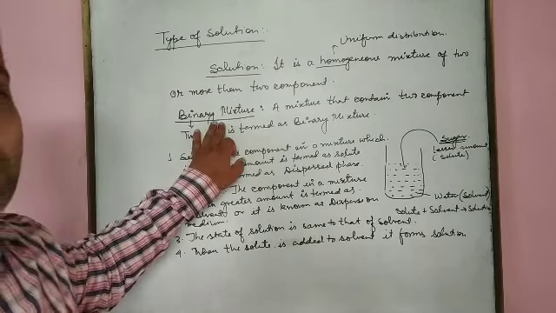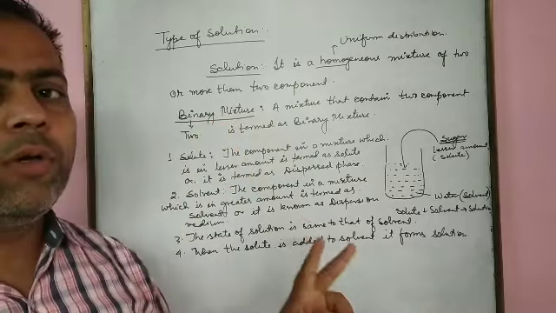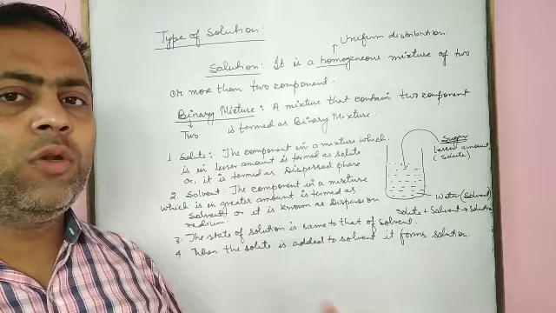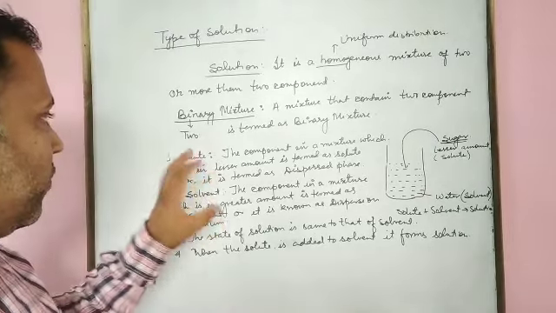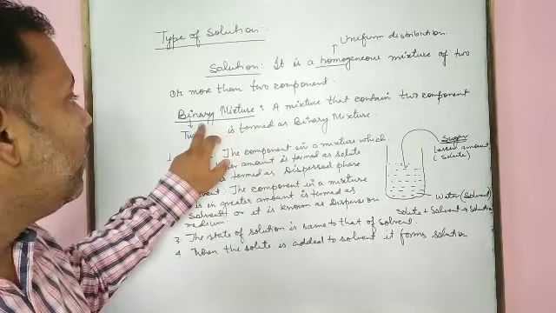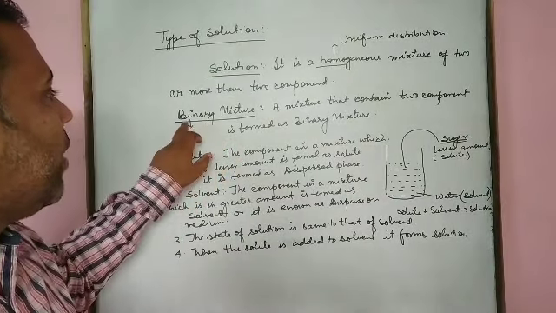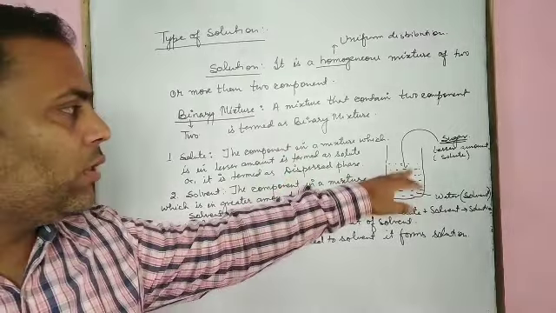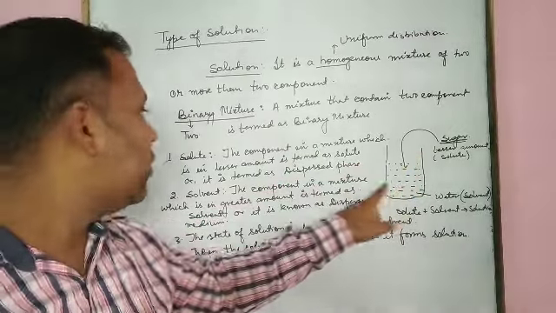Binary mixture means a mixture having two components. A mixture may be possible which has more than two components, but in this class we will only deal with binary mixtures. Here we see an example of sugar in water.